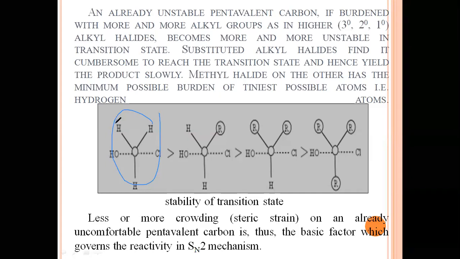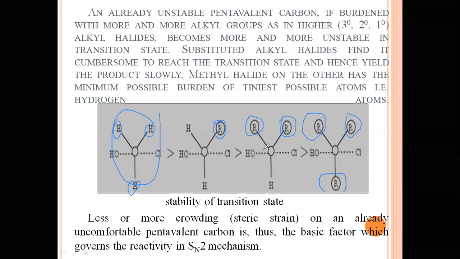The tiniest hydrogen atom is there, so it is very easy to form the product. And then in the case of primary, one hydrogen is replaced with an alkyl group. If it is secondary, two hydrogens are replaced with alkyl groups, and in the case of tertiary, all the hydrogens are replaced with alkyl groups.